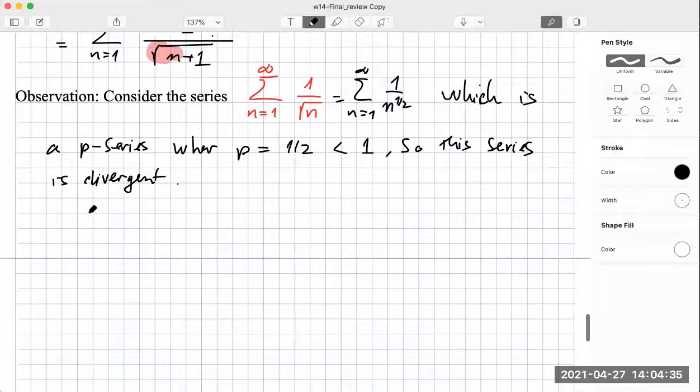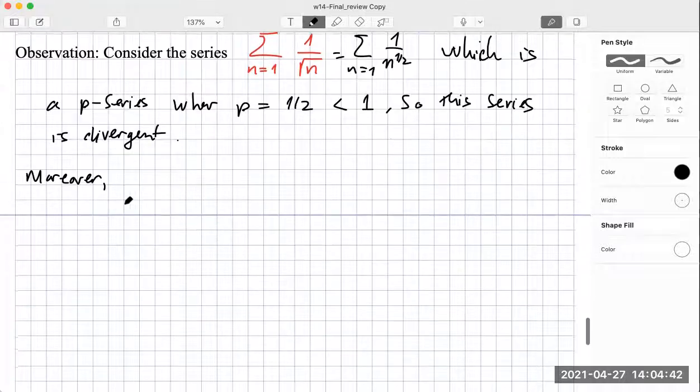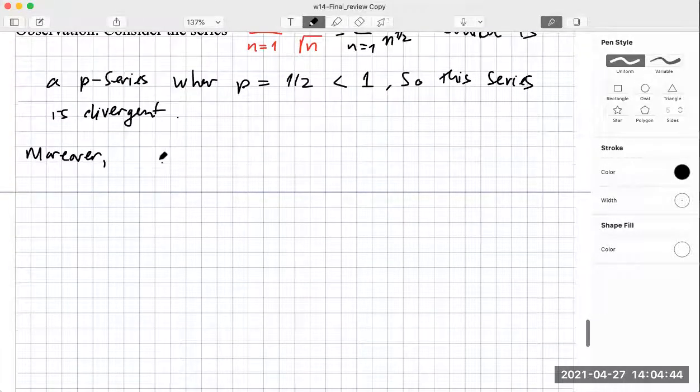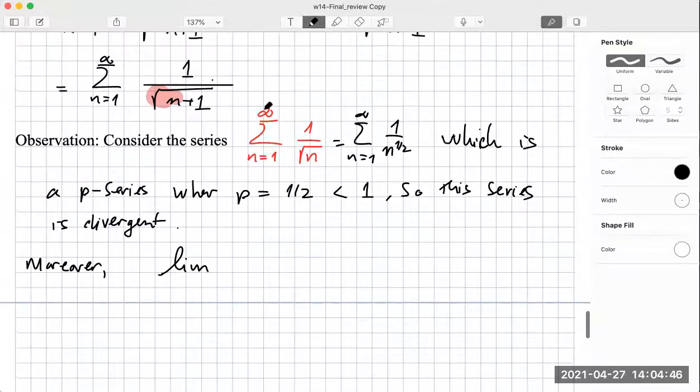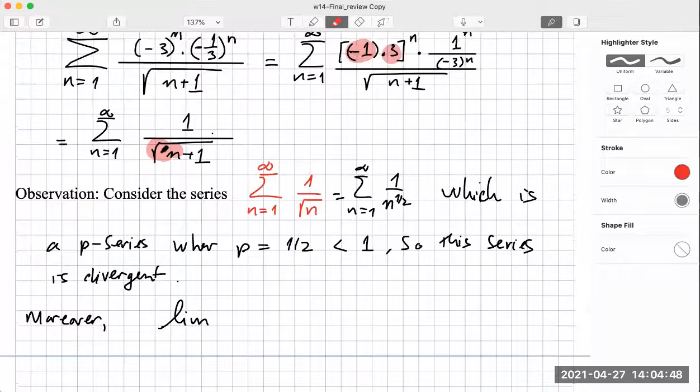Okay. However, moreover, the limit. We consider these two guys, this guy and this guy.